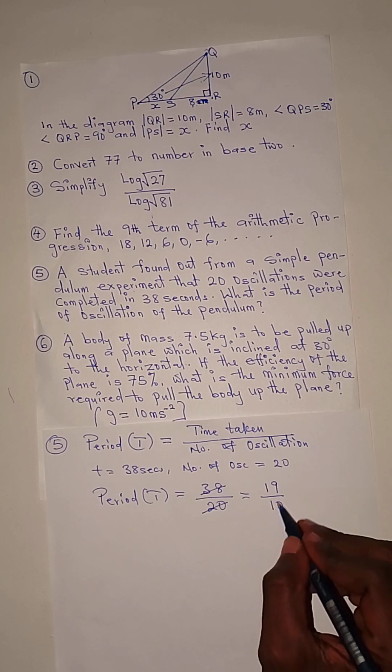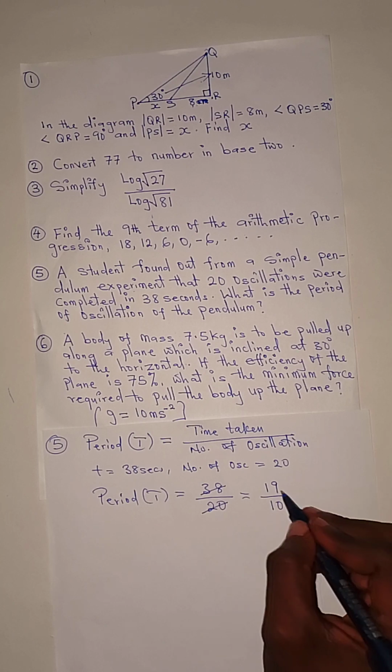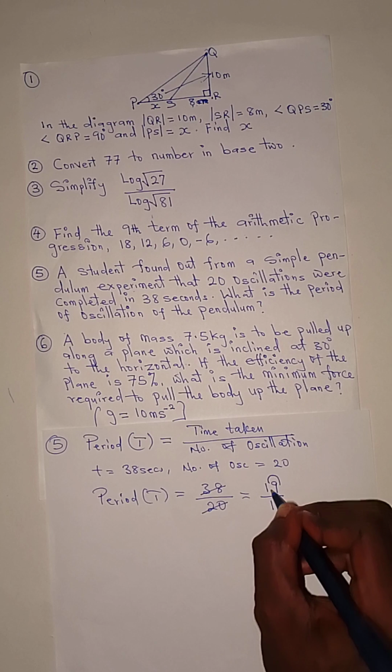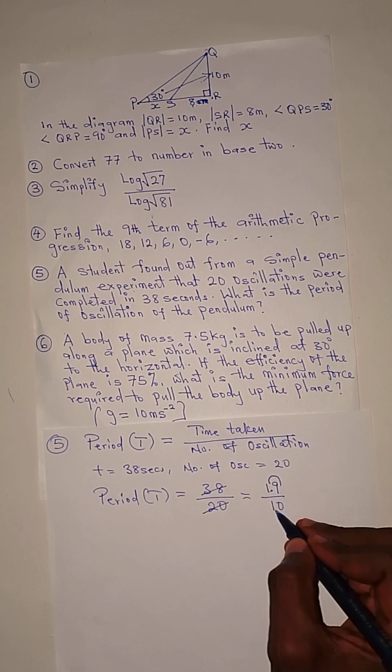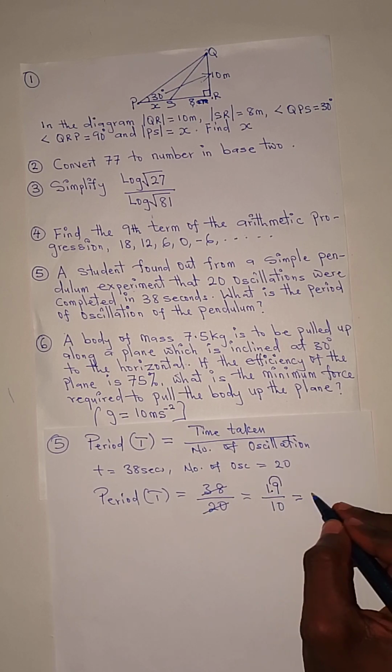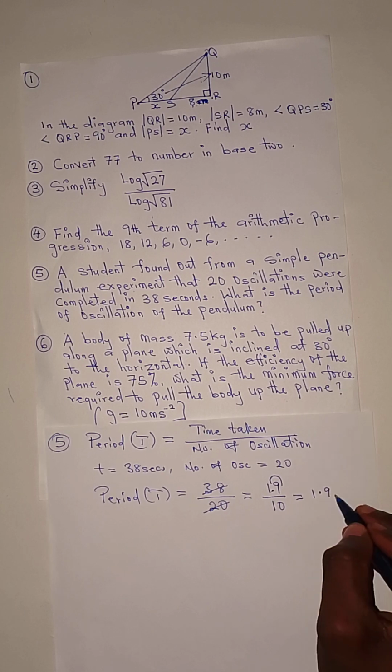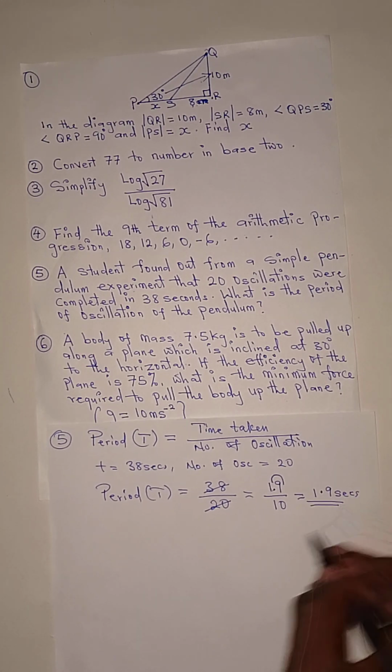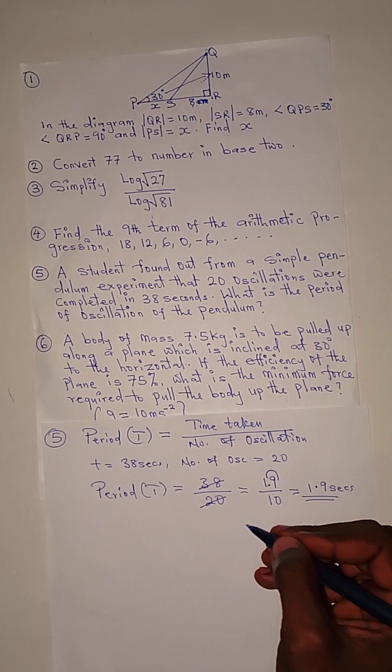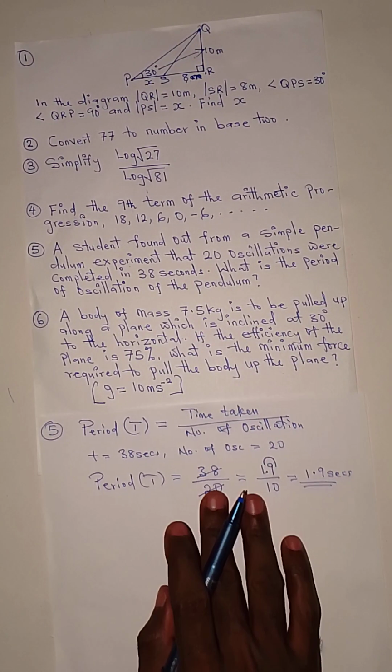So when you are dividing a number by 10, like when the denominator is 10, you can just move one decimal place here. Okay, since it is 10. So the answer is going to be 1.9 seconds. That is the period.